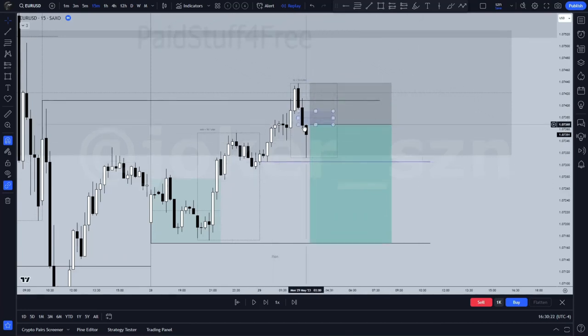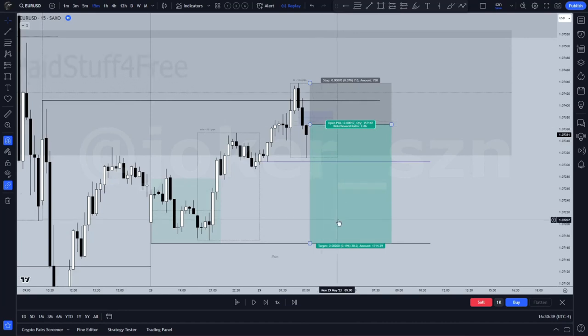So now we want to see if we can get a fill here. If we get a close back above this fair value gap again, I will then cut my trade for a small loss. But as long as we don't close above the middle of this fair value gap, we are still bearish, and I will look for price to sell off here.